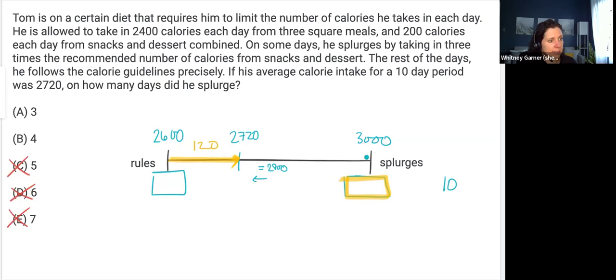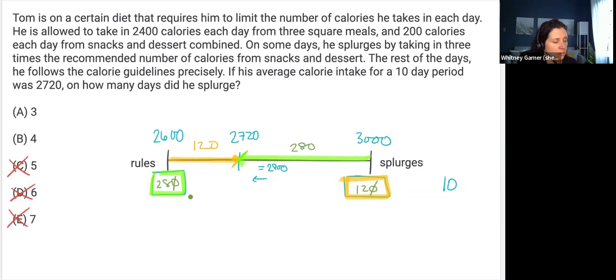The distance on this side that would pull here is, well, I take 80 to get up to 2,800 and then another 200. So this is 280. So these are in a ratio of 280 to 120.